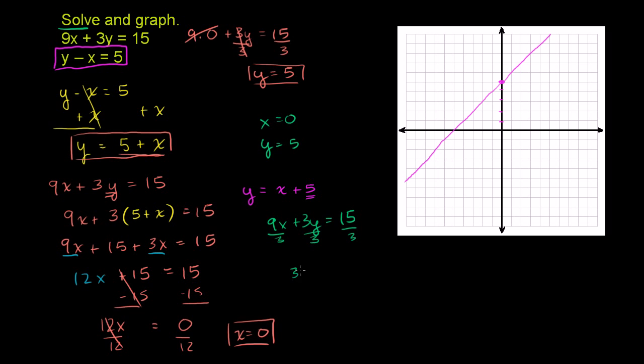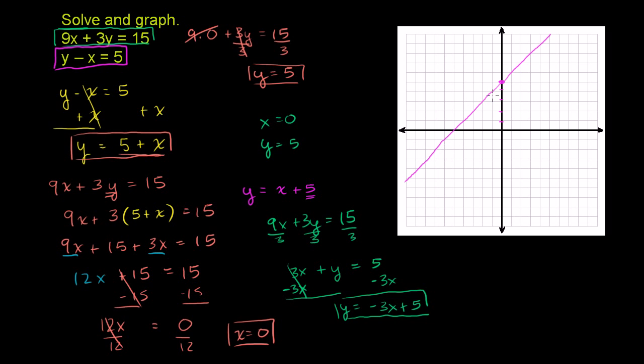So we get 3x plus y is equal to 5. Now we can subtract 3x from both sides. We are left with y is equal to negative 3x plus 5. So that's what this first equation gets turned into if you put it in slope-intercept form. Y is equal to negative 3x plus 5.